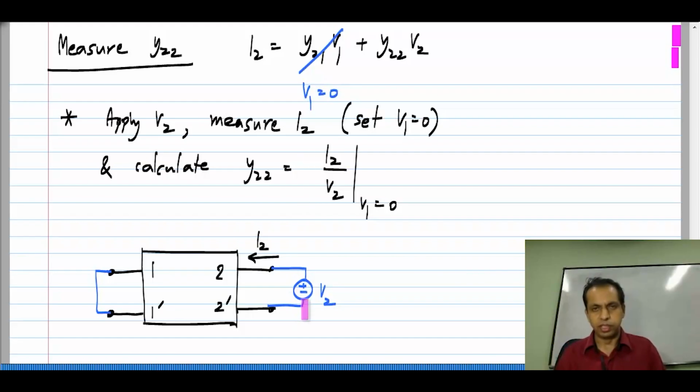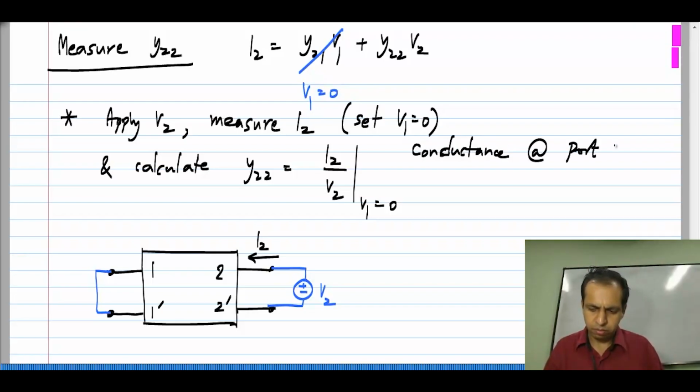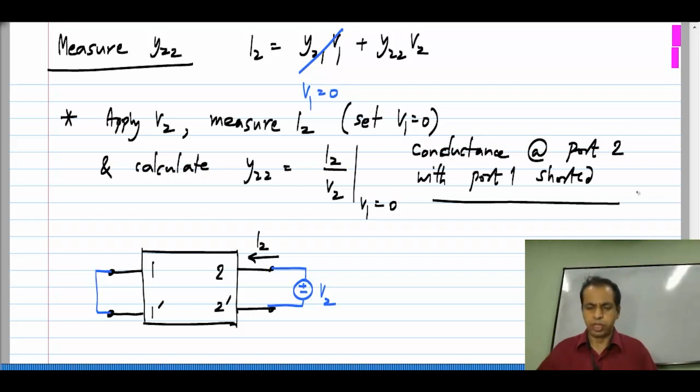So, essentially we are measuring the conductance looking into port 2 with port 1 short circuited. So, this is the conductance at port 2 with port 1 shorted.